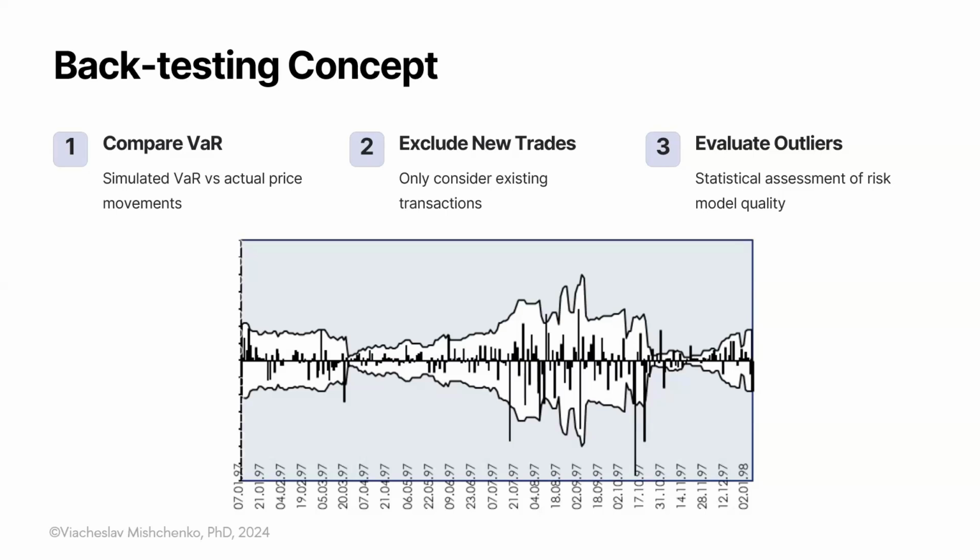To sum up, our main goal within backtesting is not just to check a regulatory box. We are usually trying to genuinely improve our risk management, so it's more applied for internal use.